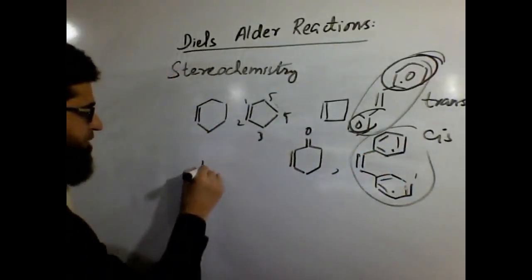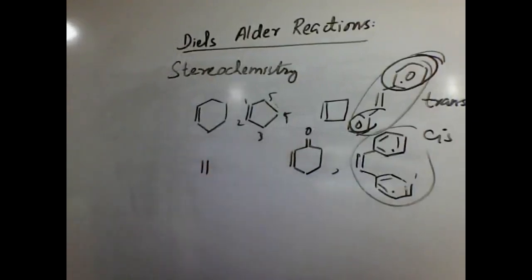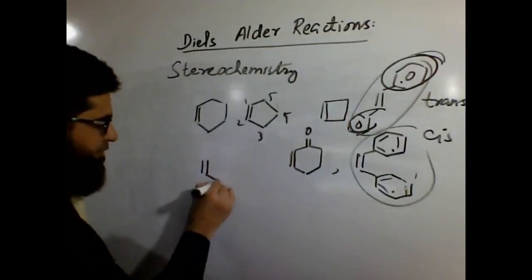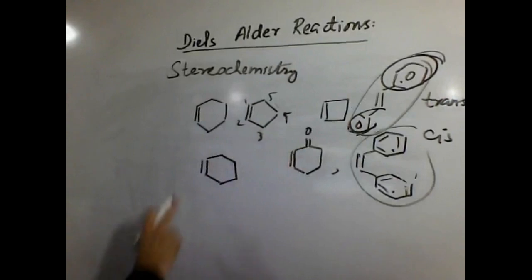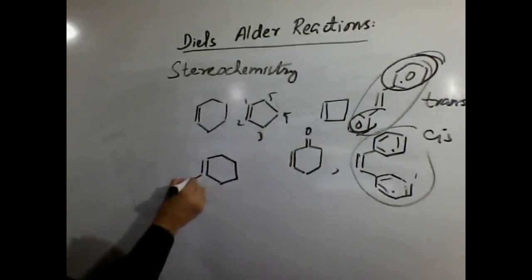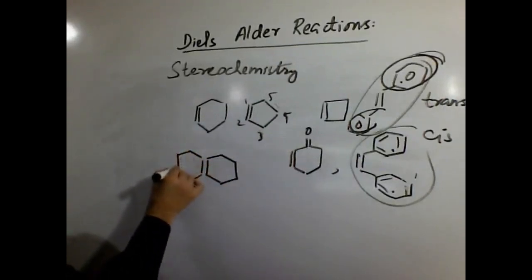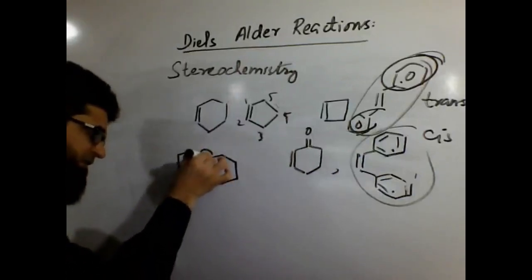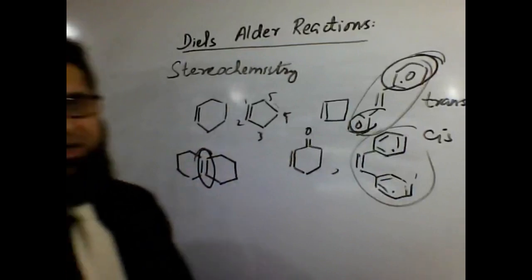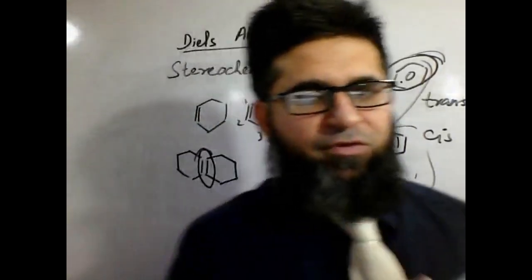Let's say we have this sort of compound, a carbon-carbon double bond. It could be something like that. As I've told you earlier, no problem, it's a double bond. Or you can move beyond that. You have two cyclic rings. But unless it carries one double bond here, it has to act as a dienophile.